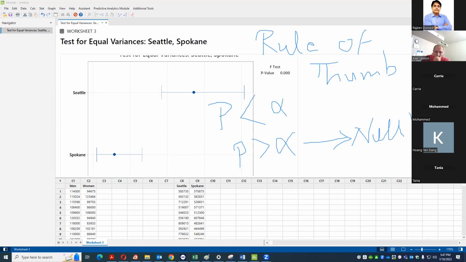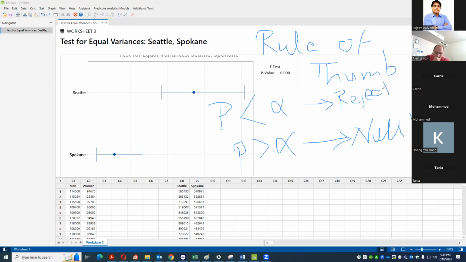Does that mean it is accepted? We fail to reject. If the p-value is less than the alpha value, we reject the null hypothesis and we accept the alternative hypothesis.